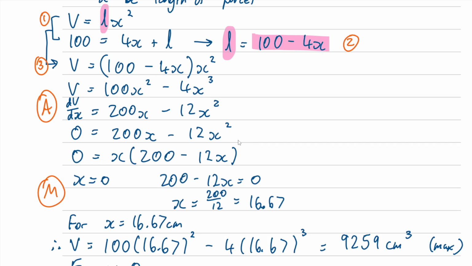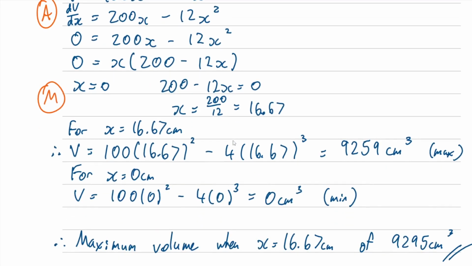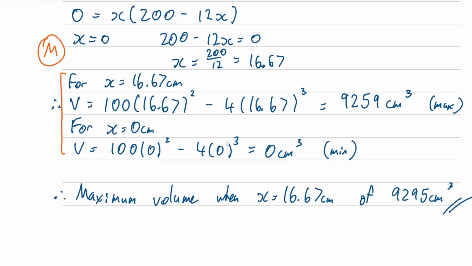Then our last step was to find the volumes. So we checked for both x values, and it was clear that the maximum was 9,259 centimeters cubed. Because the other one gave us the minimum of 0 centimeters cubed. And that was sufficient justification.